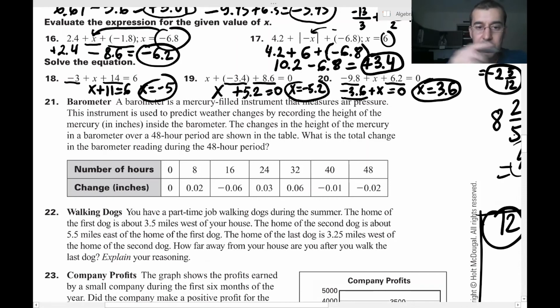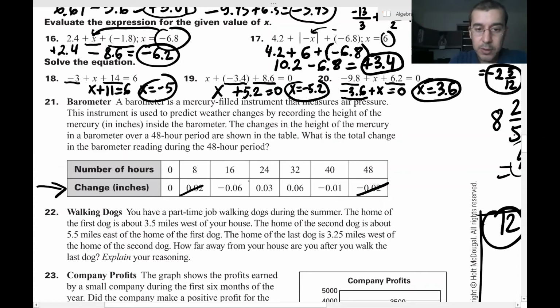All right. So here we just have to add up these numbers. 0.02 and negative 0.02, using the inverse property, those cancel out, because when you add up opposite numbers, the sum is 0.